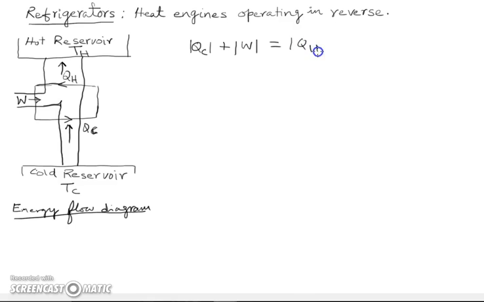of QH, right? Now here we define a term denoted by K, and K is called the coefficient of performance, or COP, of a refrigerator.